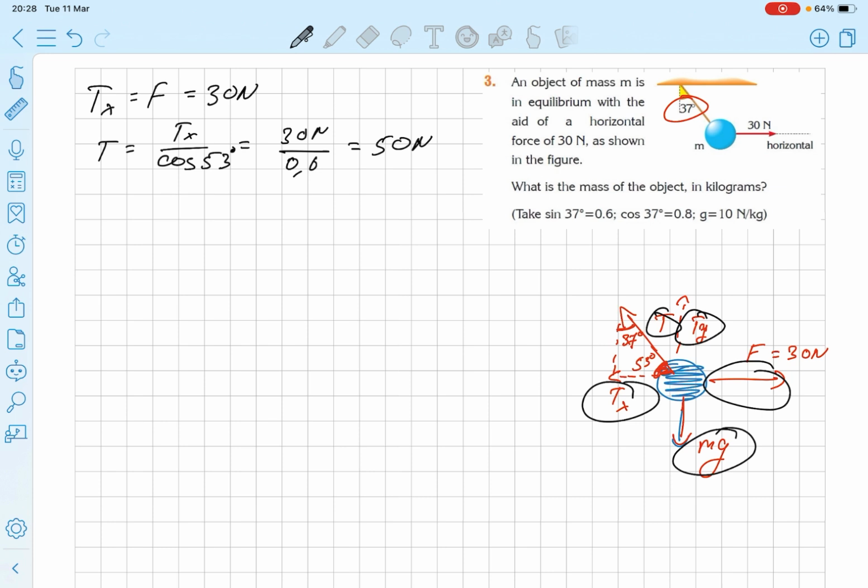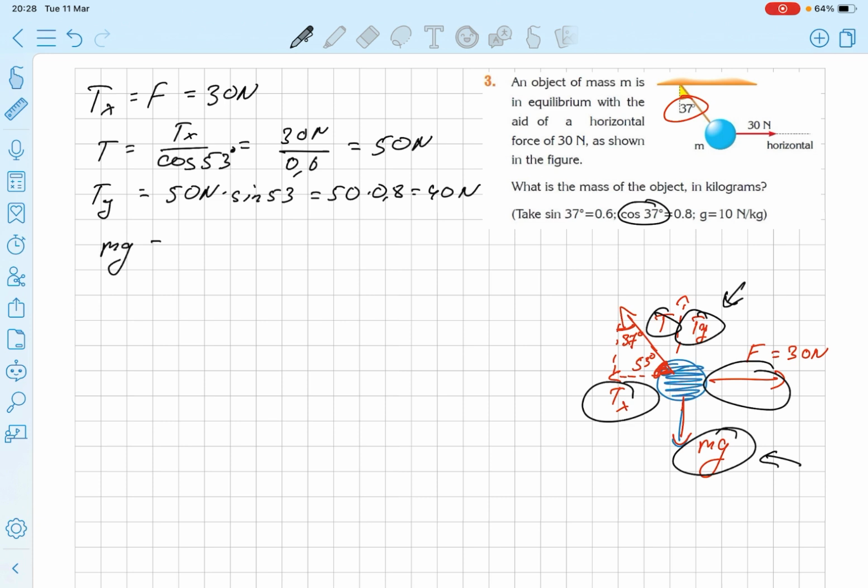Then we define tension by Y, which is equal to 50 newtons, the tension here, times sine of 53. Sine of 53 is equal to cosine of 37, which is 0.8. 50 times 0.8 is 40 newtons. So now we know this tension by Y, that means the value of mg is equal to 40.